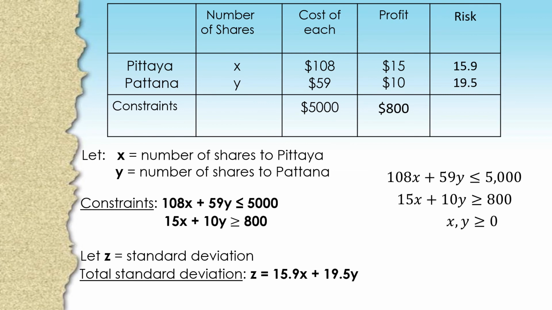So let S be the standard deviation, and for the total standard deviation, S is equal to 15.9x plus 19.5y. So our objective function is S equals 15.9x plus 19.5y. And we have the following constraints, as well as the non-negative constraints.